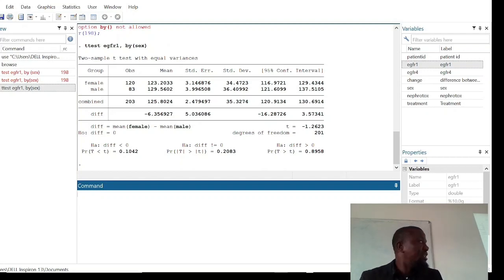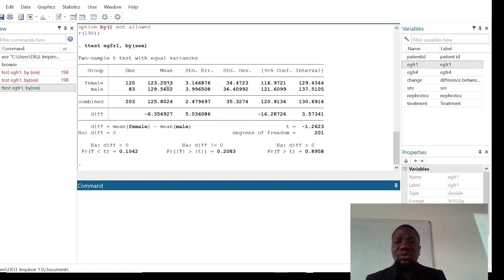And you would see that it is actually going to give you the difference between two means. If you check here, it's saying the difference between the mean of the females and the mean of the males. It goes on to calculate your means. It tells you that you have 120 females and 83 males. Then it gives you the mean there.